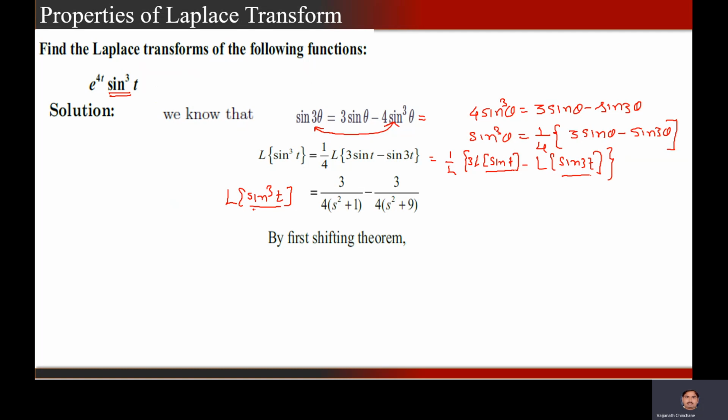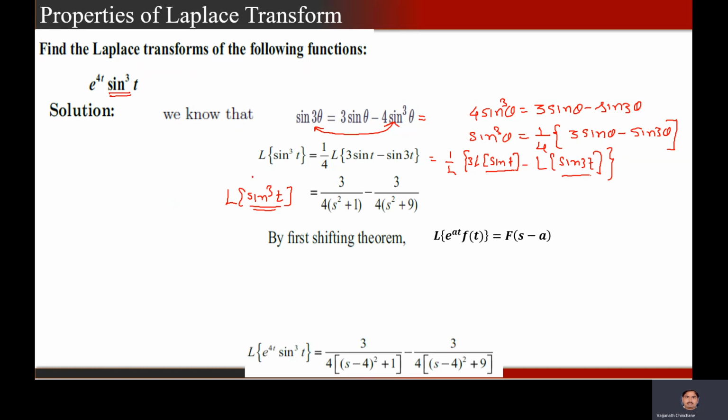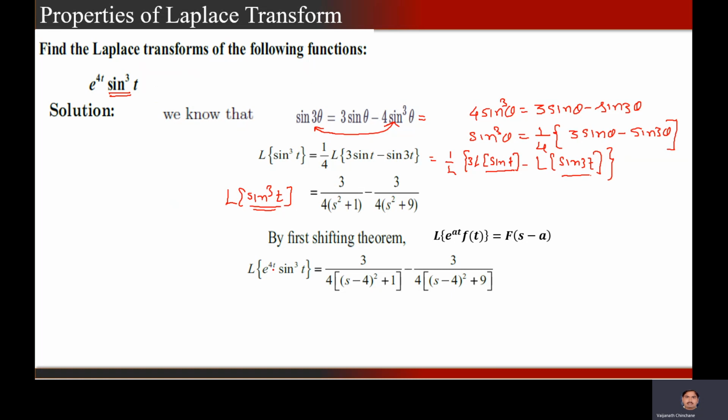Now we multiply this sine cube t by e raised to 4t. For that reason, we use first shifting theorem, which states L of e raised to at f of t is equal to F of s minus a. Hence L of e raised to 4t sine cube t means whatever the Laplace of this sine cube t is, in which F of s is there, that s should be replaced by s minus 4.